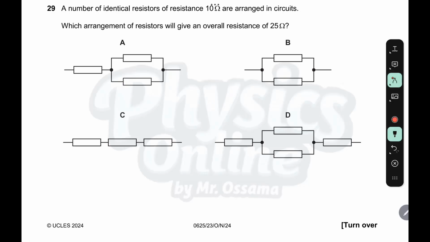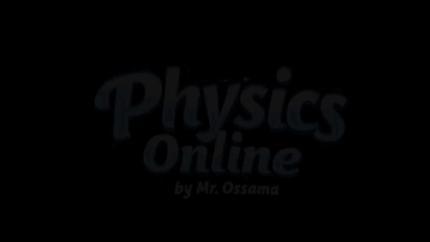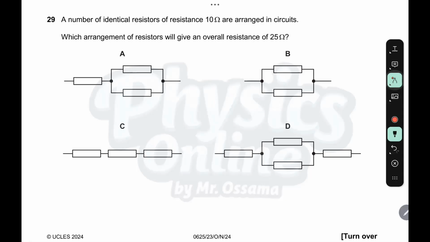A number of identical resistors of resistance 10 ohms are arranged in a circuit. Which arrangement of resistors will give an overall resistance of 25 ohms? Let's see the first one here: the sum gives you 15 ohms.